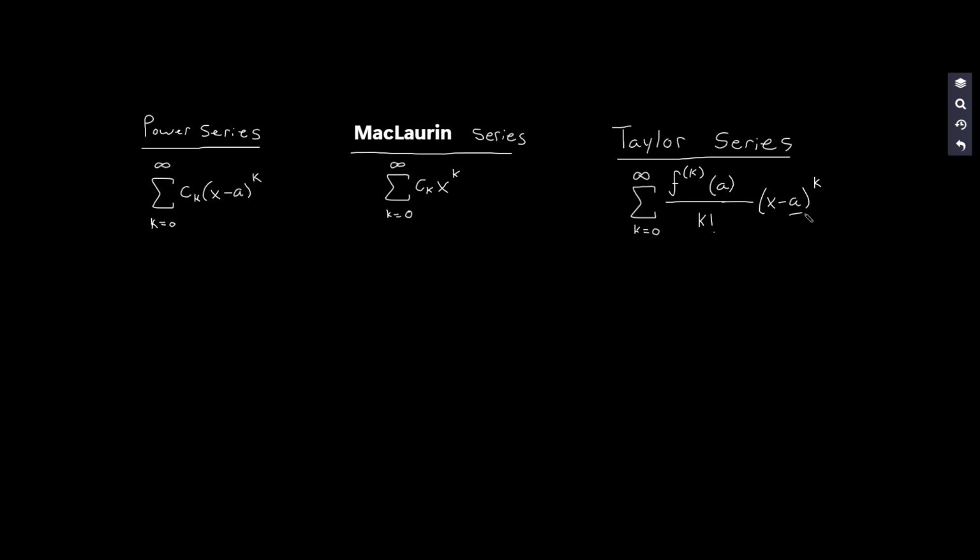So a is given to us, it's no longer 0, and it builds an infinite approximation for a function. So let's work through a problem and hopefully it will be a little bit clearer the difference between a power series, a Maclaurin series, and a Taylor series.